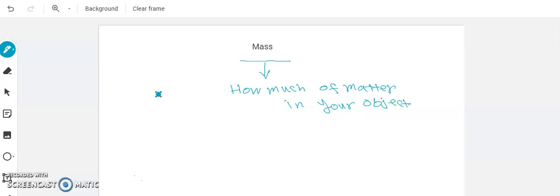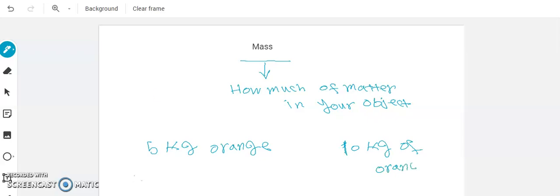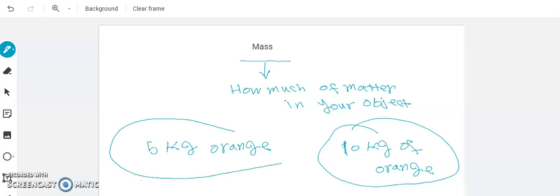This means if you have 5 kilograms of orange and 10 kilograms of orange, this means we have here in the 10 kilograms more matter than the 5 kilograms of the same matter.